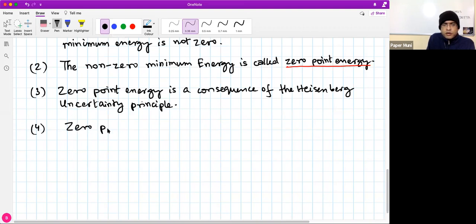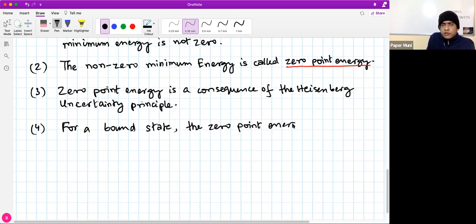For a bound state, the zero point energy is equal to the ground state.